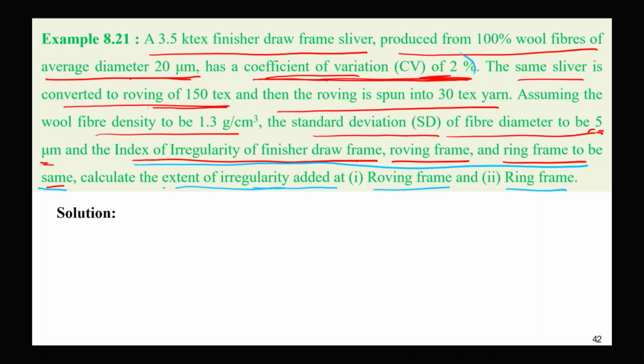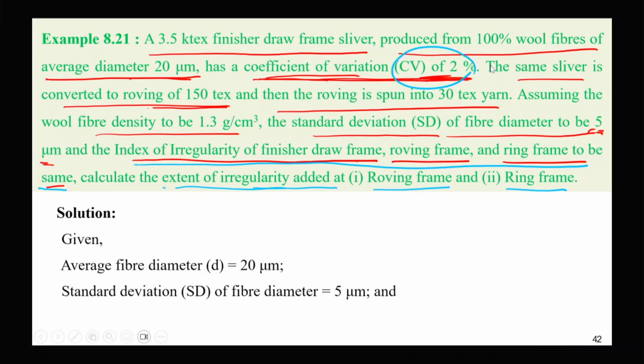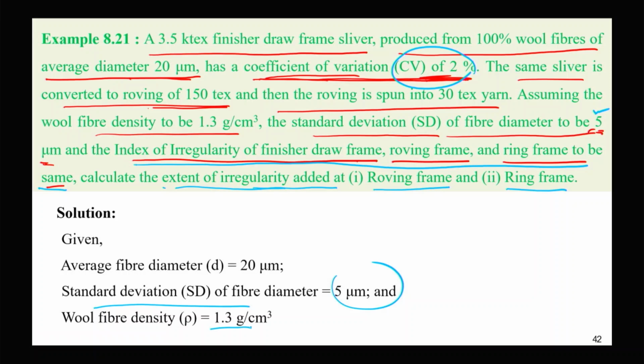Here mass CV percent is 2%. Now let us see. The average diameter of fiber is given as 20 micron and the standard deviation of fiber diameter is 5. So from there we can calculate the CV percentage of fiber diameter. Wool fiber density is 1.3 gram per cc.